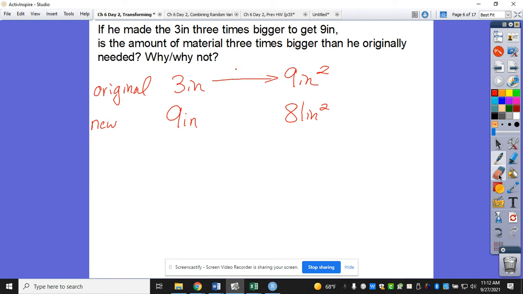Oh, I'm going the wrong direction here. This one got multiplied by what? What did this one get multiplied by? Which is, how do I get 9? Multiplied by 3 what? Do you understand this idea? Everybody's with me with that, right?